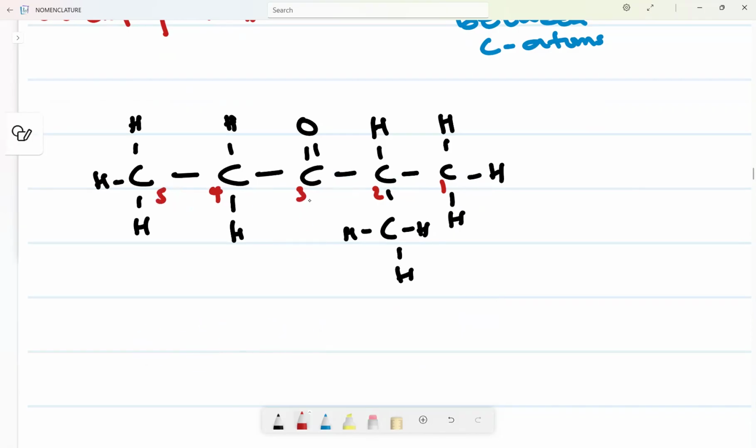So it means now when I name this, I say, okay, the longest chain, it is 5. It is pent. But it's going to be pentan. On carbon number 3, I have a functional group, which is what? Ketone. Remember, the functional group of ketone is own. Why am I saying this is ketone? Because the functional group here is between carbons. Can you see?